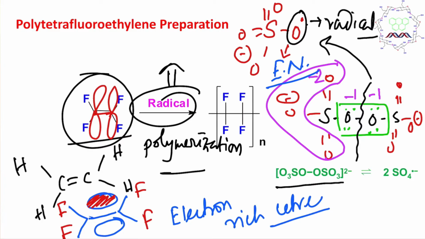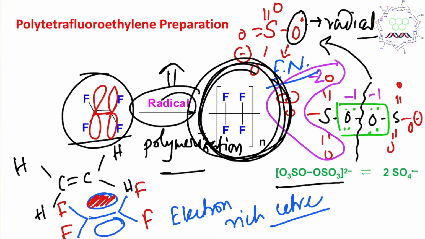Now from here this O dot takes an electron and produces a radical. You can consider that it takes 1 electron, produces a radical, then the reaction continues and ultimately produces polytetrafluoroethylene.